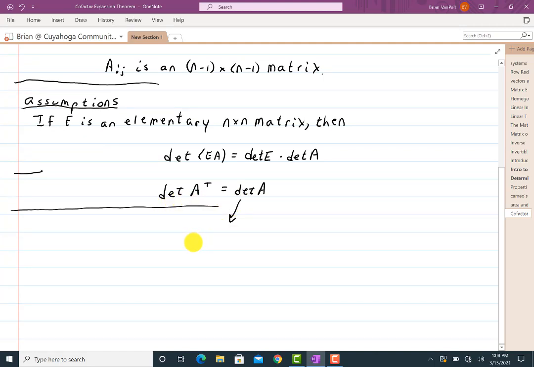For this, you assume A is not invertible versus A is invertible.